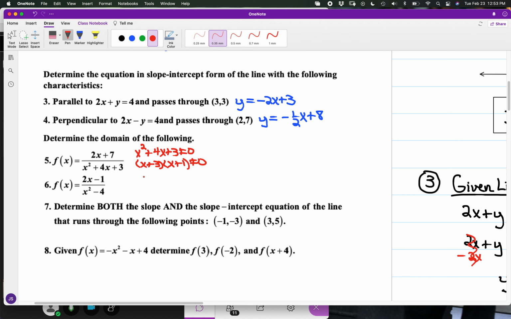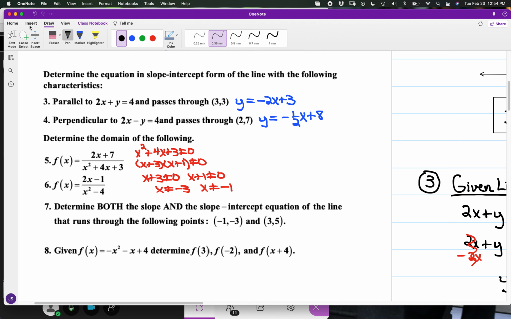It's going to follow that x plus 3 cannot be 0, then x plus 1 cannot be 0. So x cannot be -3, and x cannot be -1.